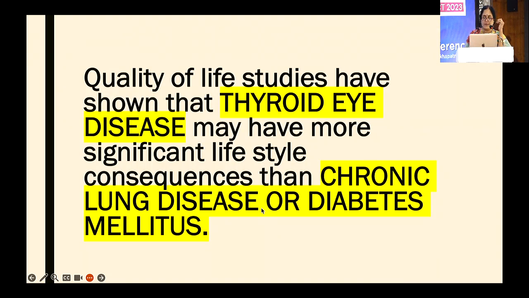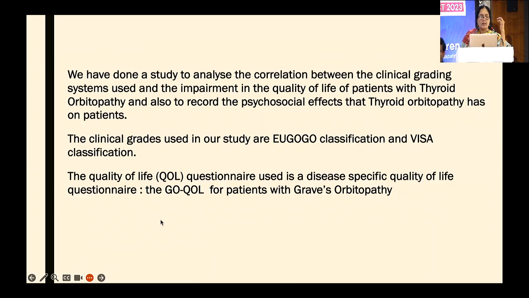So quality of life studies have shown that thyroid eye disease may have more significant lifestyle consequences than chronic lung disease or diabetes mellitus. And we did a study to analyze the correlation between the clinical grading of the systems used with the patient's perception of psychosocial limitations or isolation and other things.